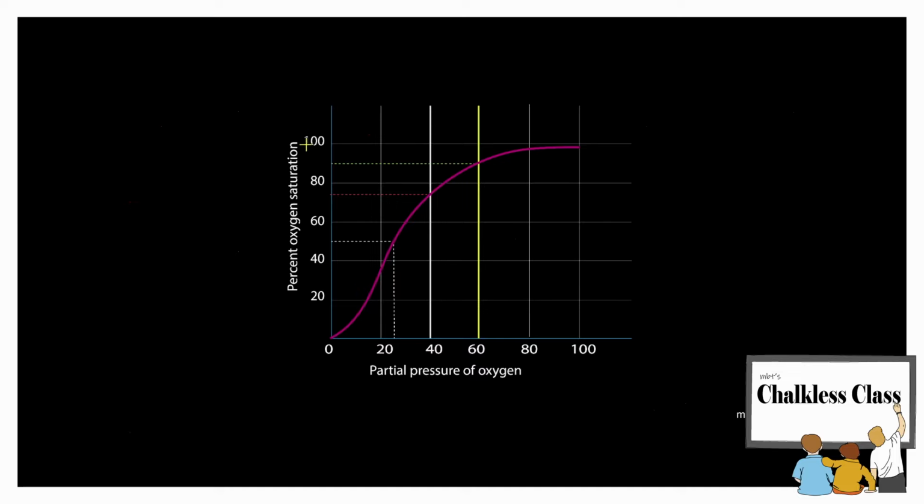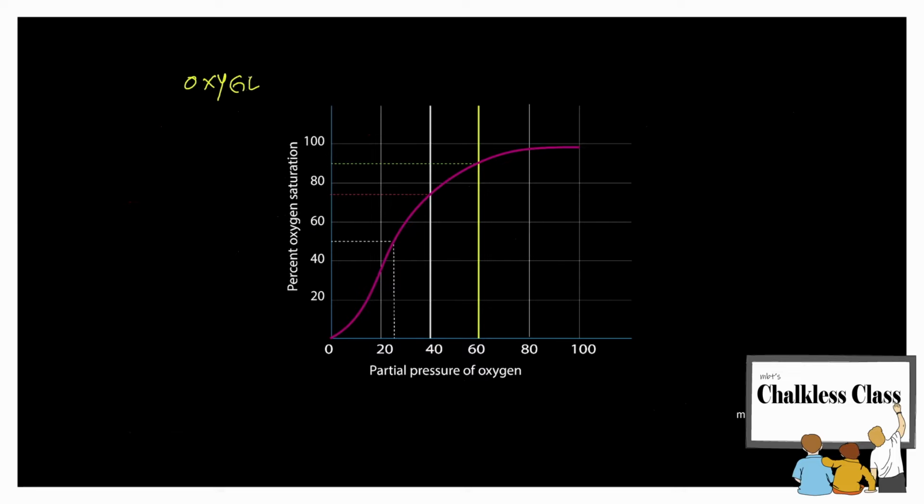Percent oxygen saturation is the percentage of saturated oxygen. When a graph is drawn between the partial pressure of oxygen in blood plasma and percent oxygen saturation, a curve forms that is called the oxygen dissociation curve. This is the oxygen dissociation curve.